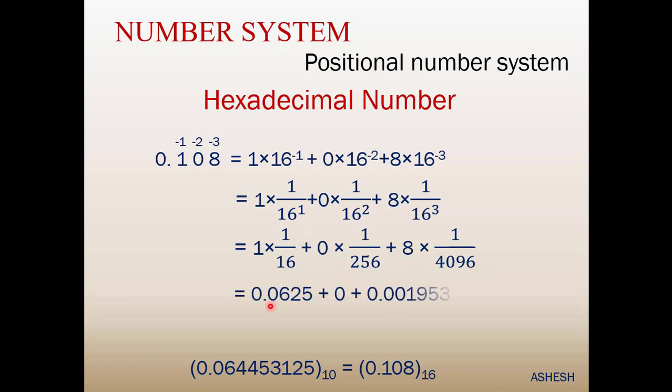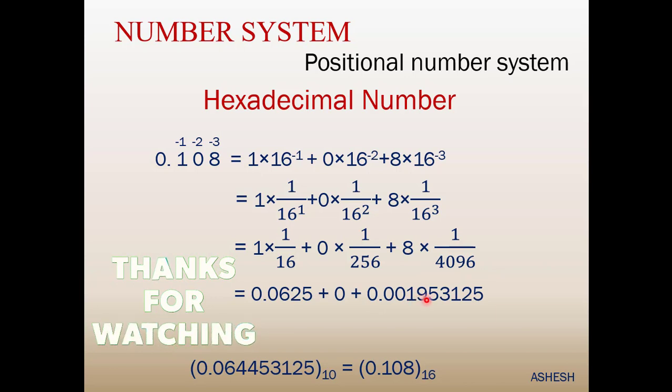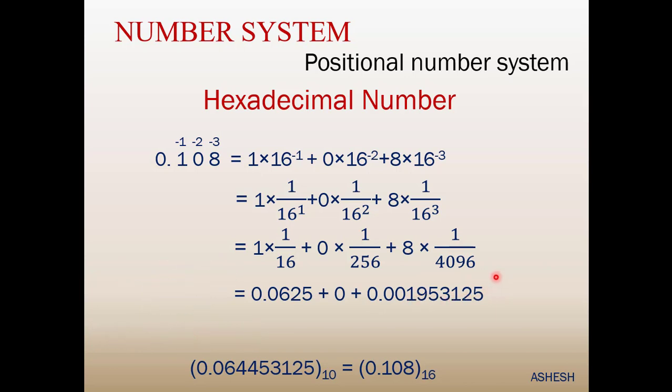So 1 by 16 equal to 0.0625, plus 0 into 1 by 256 equal to 0, plus 8 by 4096 equal to 0.001953125. So 0.0625 plus 0.001953125 equal to 0.064453125.